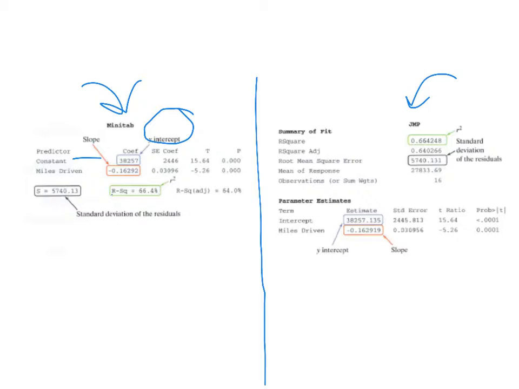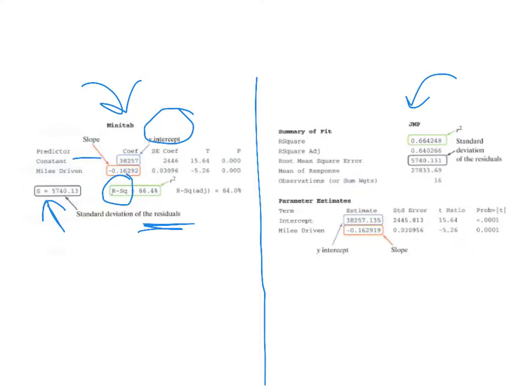My slope is this negative 0.16, the coefficient on miles driven. It tells me my R squared, which is basically just written out right there. It tells me my standard deviation of the residuals. Even though it's just an S, you need to realize that that's the standard deviation of the residuals. The rest of it you shouldn't really need or use.